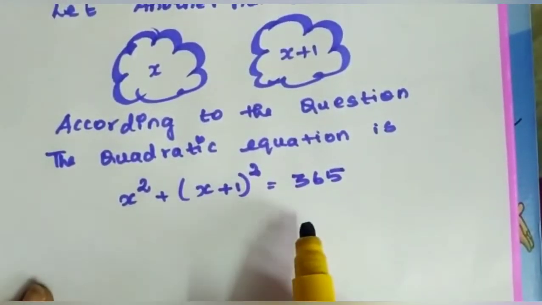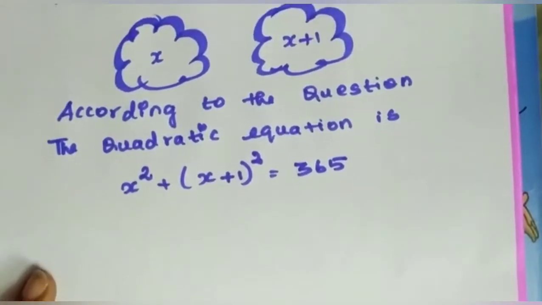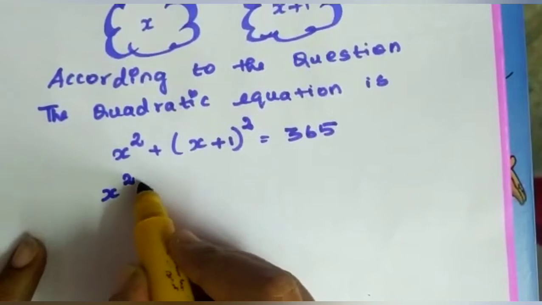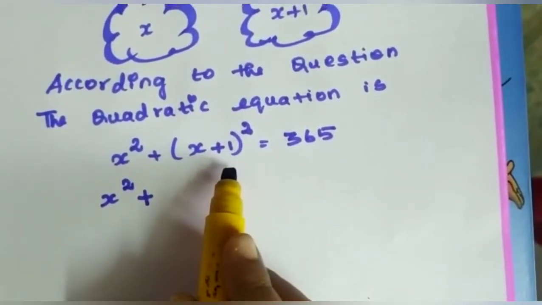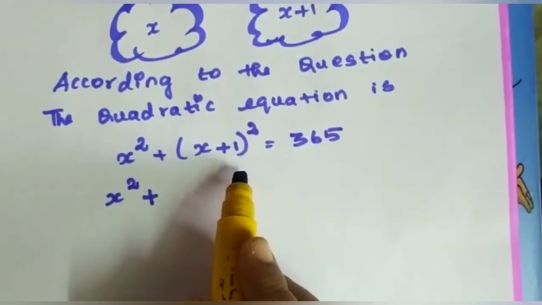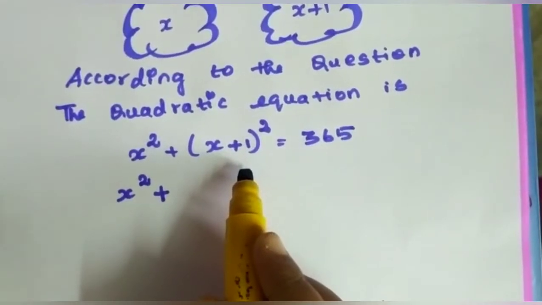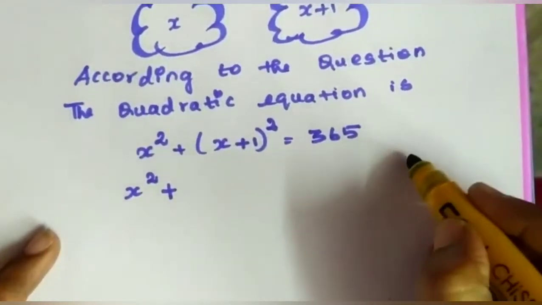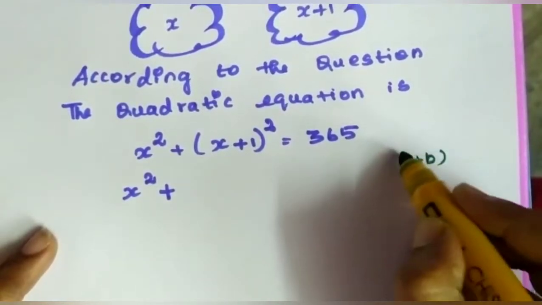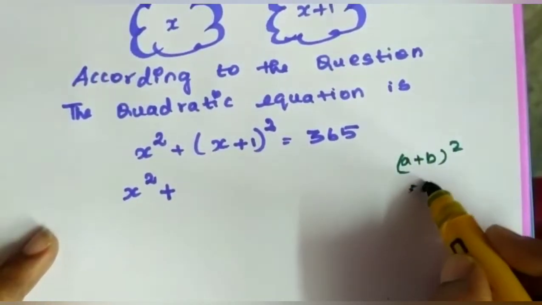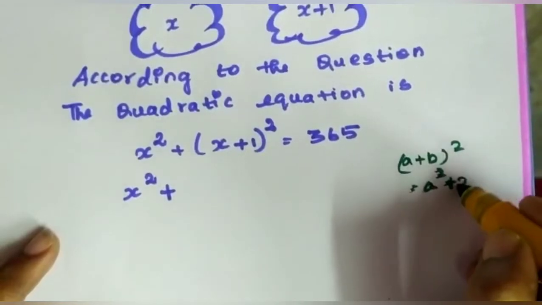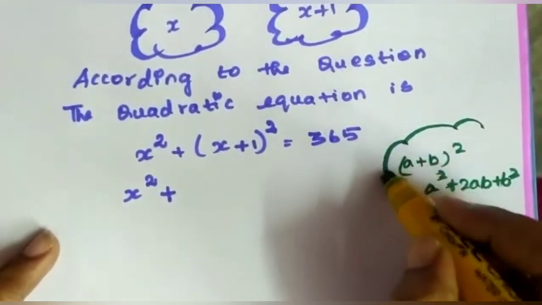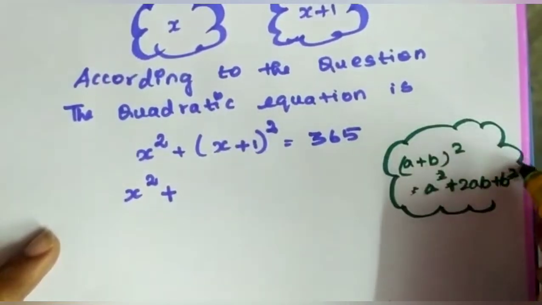So x square plus, how can we simplify this one? The a plus b whole square formula. What is the a plus b whole square formula? a plus b whole square is equal to a square plus 2ab plus b square. So I am going to apply this formula.